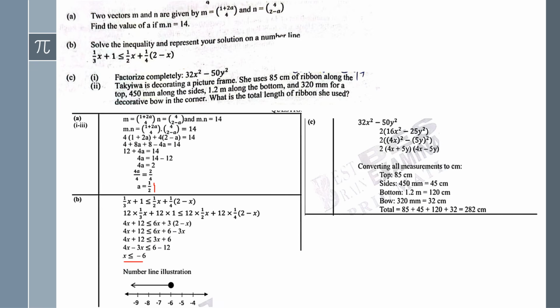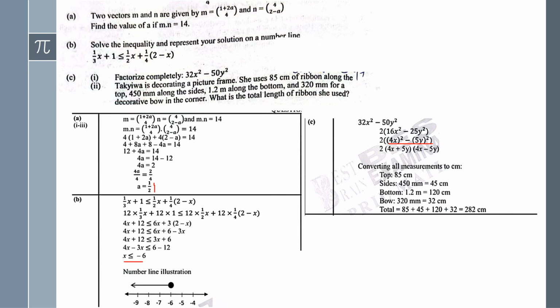So we divide 32 by 2, we have 16x squared minus 25y squared. This can further take you to what we call difference of two squares, where we have (4x plus 5y)(4x minus 5y). That is simply what we term difference of two squares.